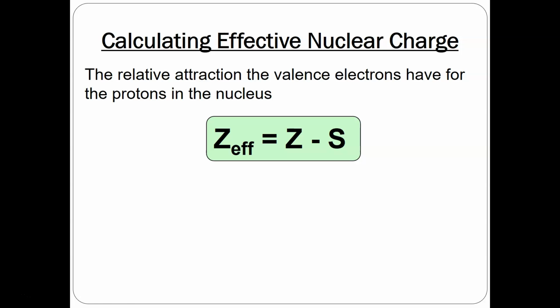What we're going to do is calculate the effective charge by subtracting. We're going to do Z minus S. Z is the number of protons. S is the number of inside core electrons.